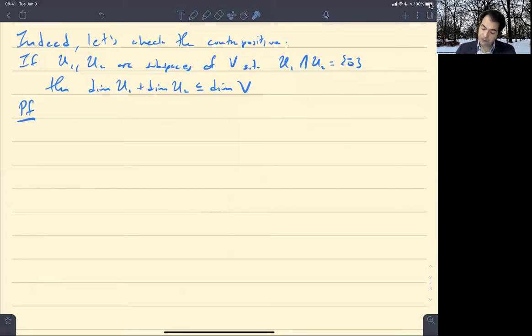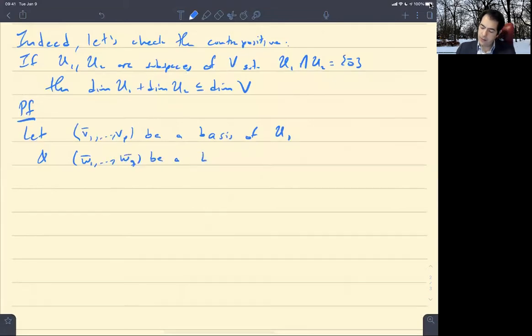Okay, so let's say V1 through VP be a basis of U1, and let's say W1 through WQ be a basis of U2.